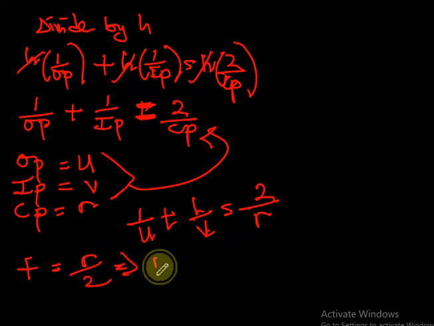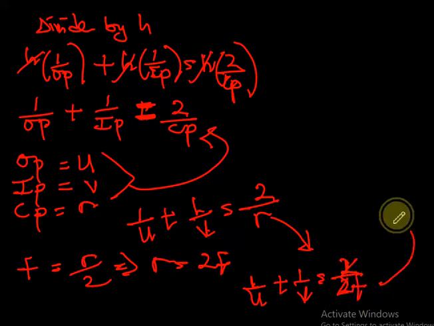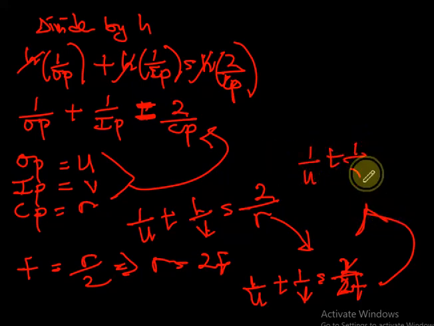That shows that R will be 2F. So anywhere you see R here, turn it to 2F. That makes this formula 1 over U plus 1 over V equals 2 over 2F. So 2 cancels 2, and that gives you the mirror formula, which is 1 over U plus 1 over V equals 1 over F. Now proved.